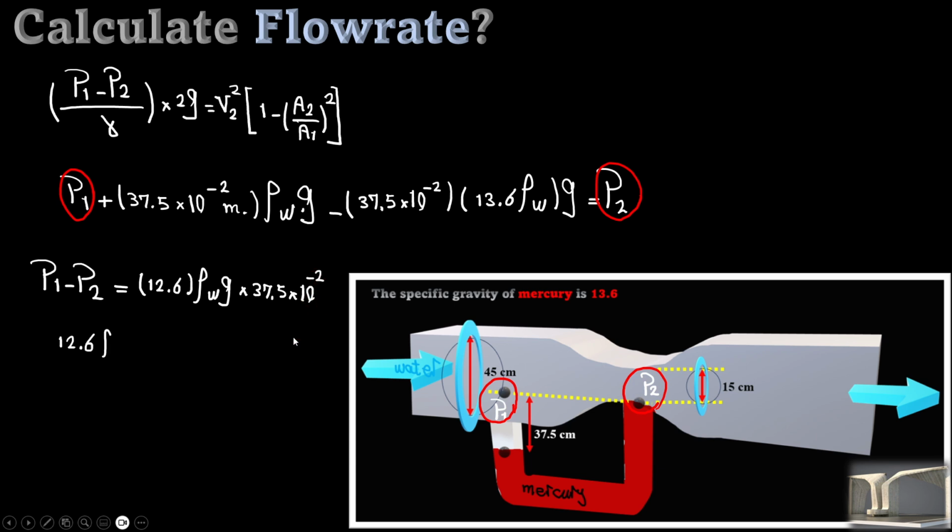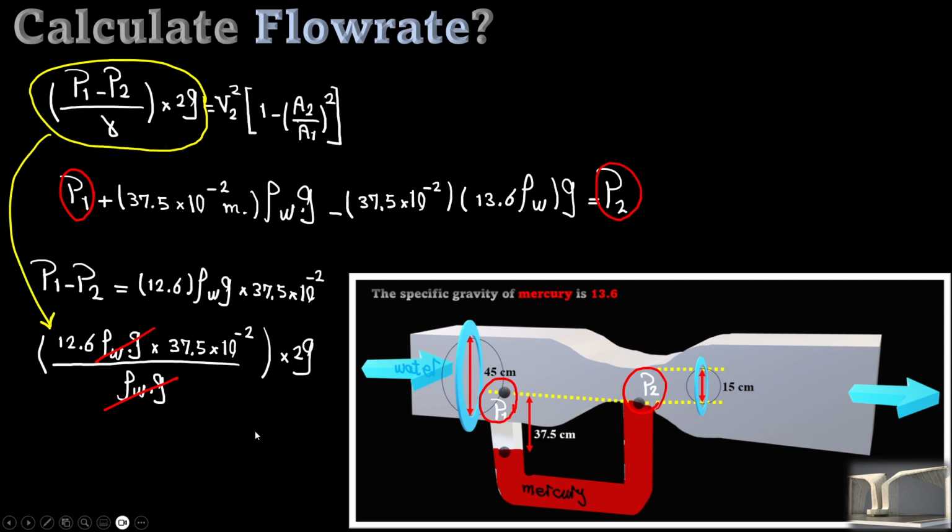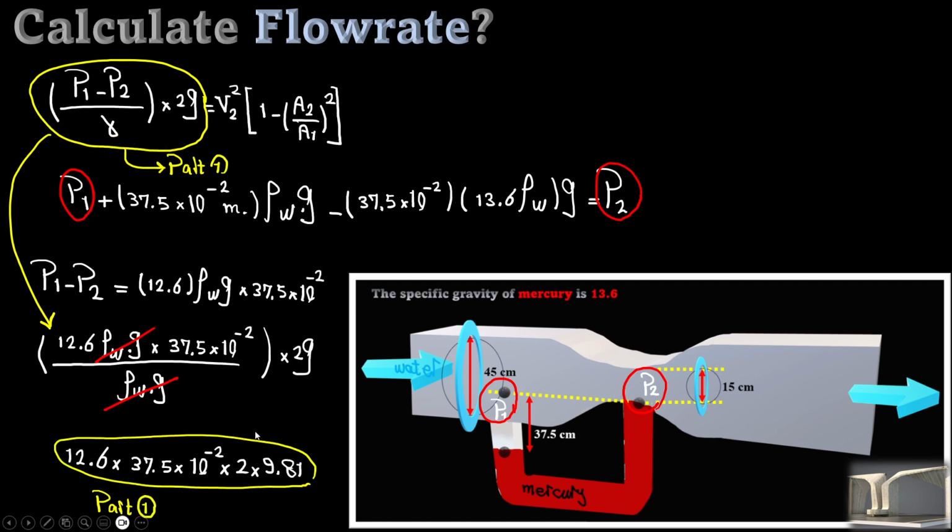So P1 minus P2 is equal to this term, and if we bring it to the top equation, we can cancel out the rho g. So this is the first part of our main equation, part 1, equal to this term.